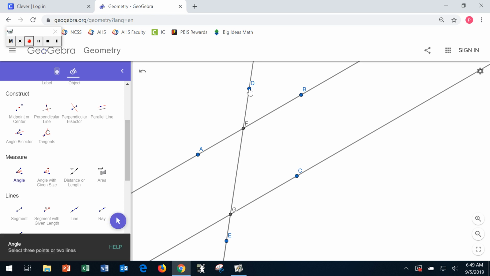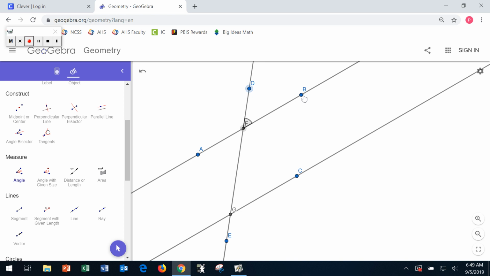Now I'm going to do my angle measurement. Alright, got that one. Got that one. And all I'm doing is clicking 3 points so it'll give me the angle measurements, and I'll move them all over for you in a second.